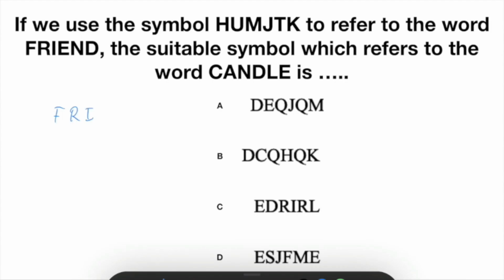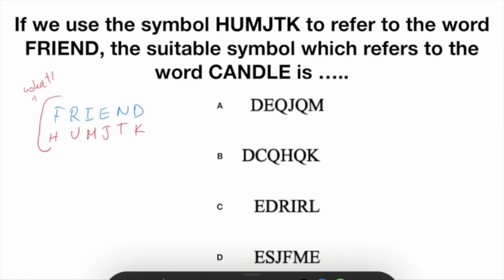See the letters in friend, and the symbol that refers to friend is H U M J T K. I want to ask myself a question.